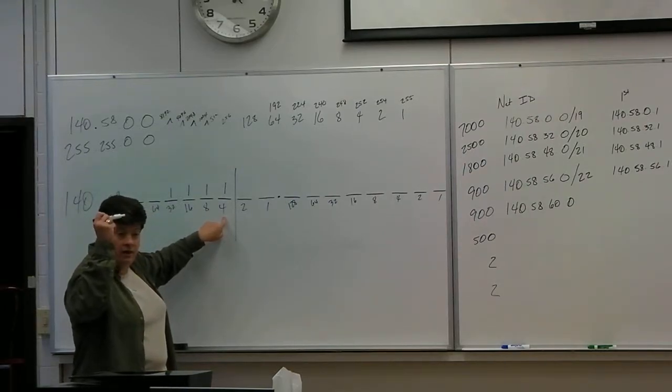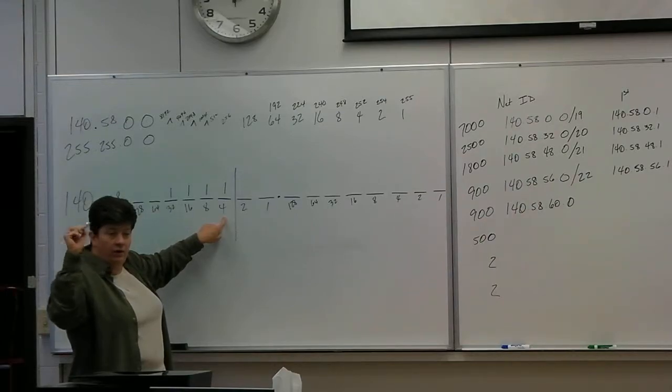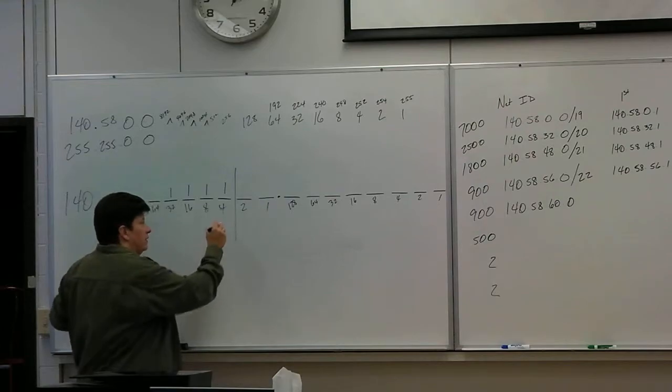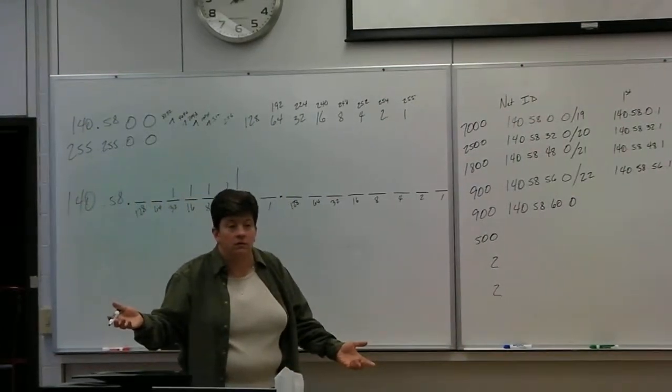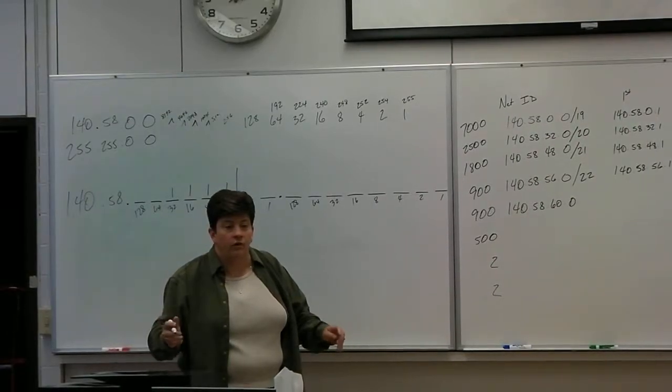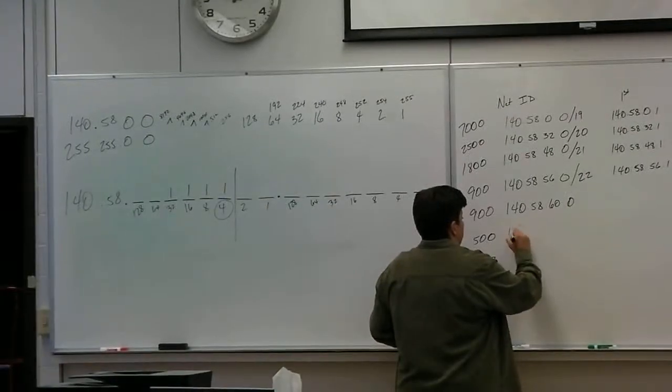We could have started making a list, right, of all the network IDs. How would we have done that? I have one network ID. What do I do to get the next one? Say it again? Add 4. Don't make this harder than it has to be. Add 4. All right.